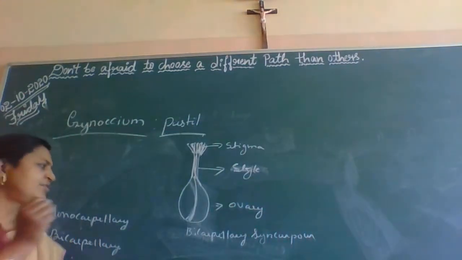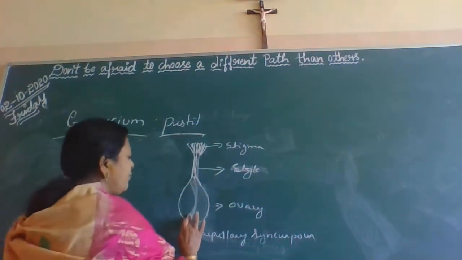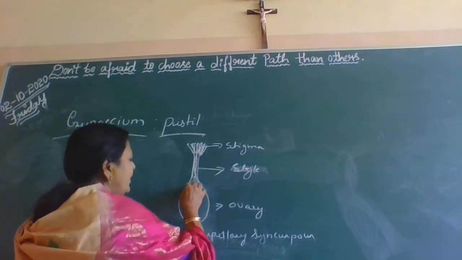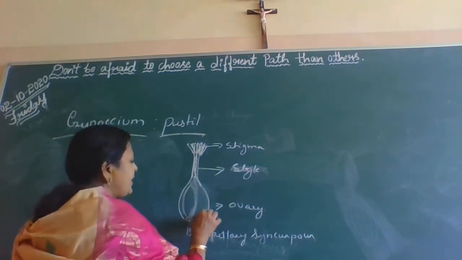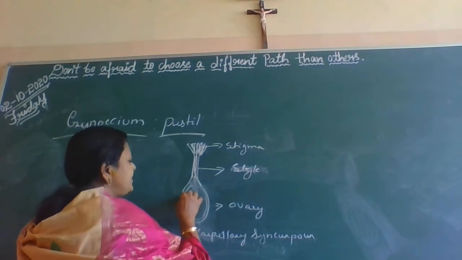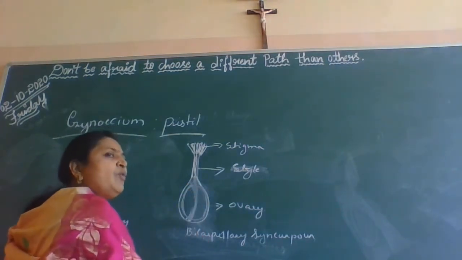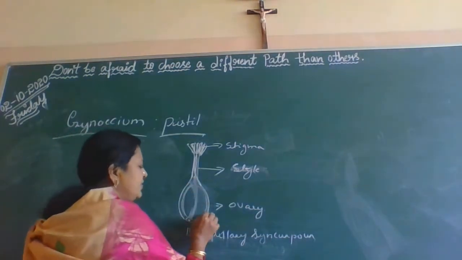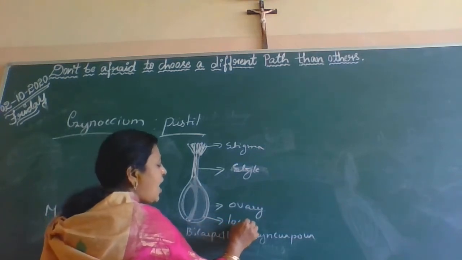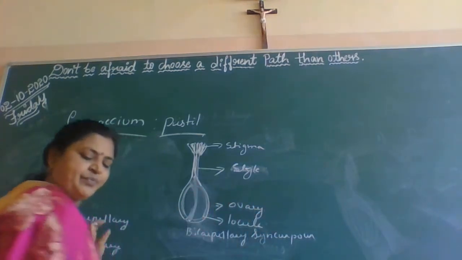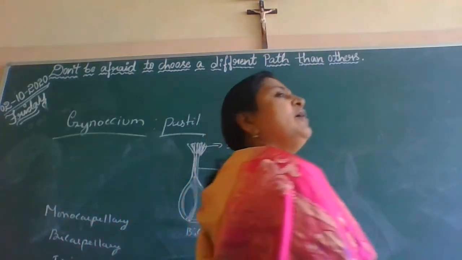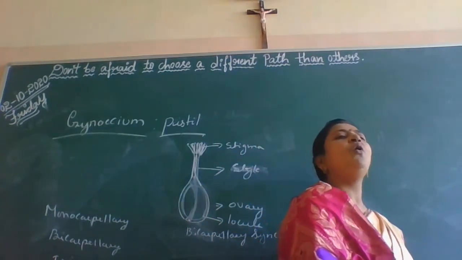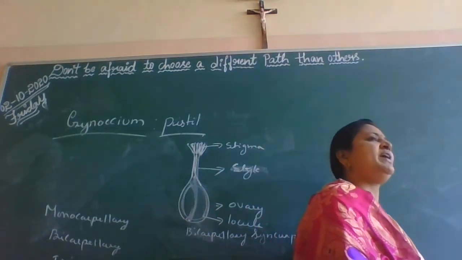Now inside this ovary, we can observe an ovarian cavity. What is present inside the ovary? Ovarian cavity. This is called locule. What is locule? Locule is nothing but the ovarian cavity.